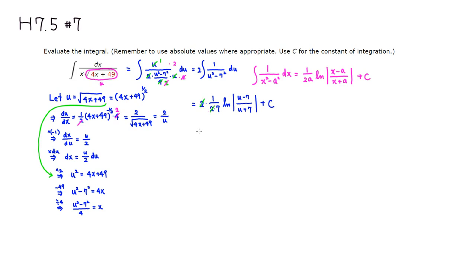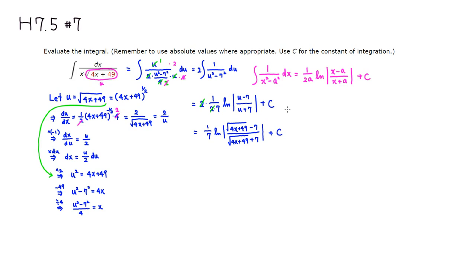So you get 1 over 7 times the natural log of the absolute value of, where u used to be the square root of 4x plus 49, the square root of 4x plus 49 minus 7 over the square root of 4x plus 49 plus 7, plus some constant c.